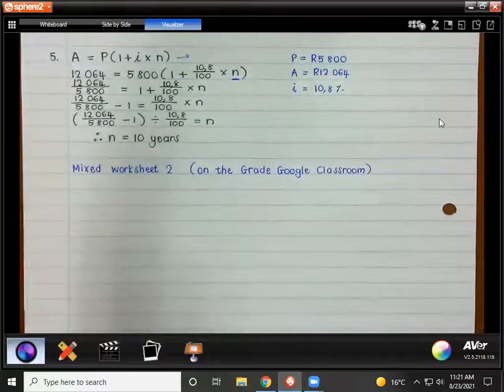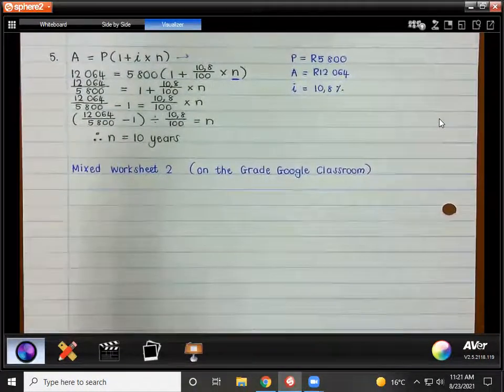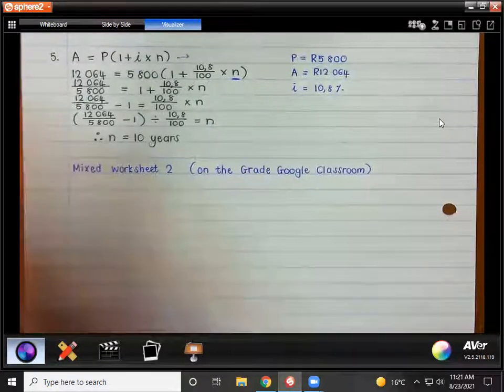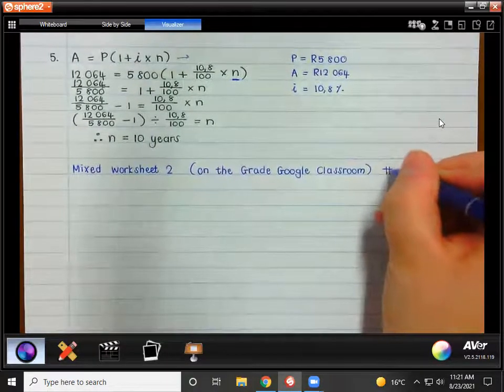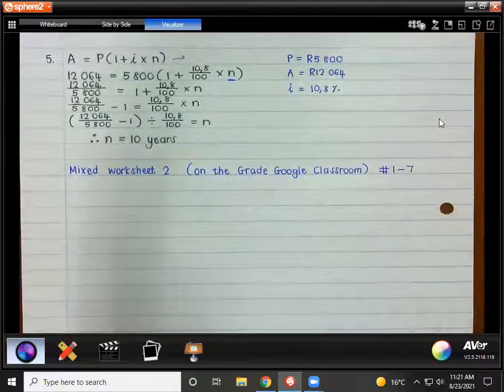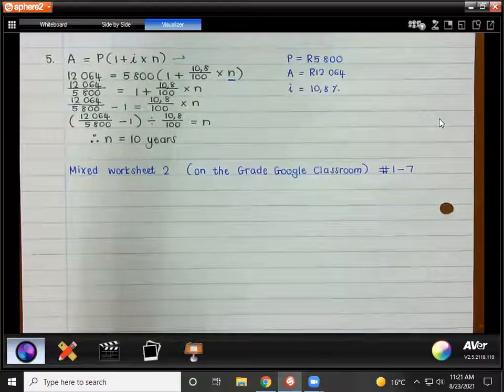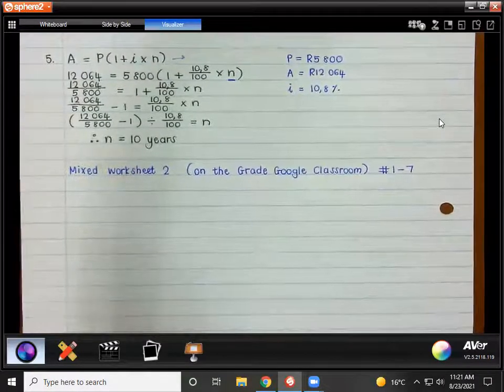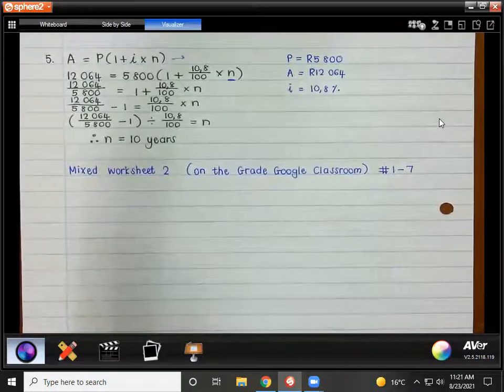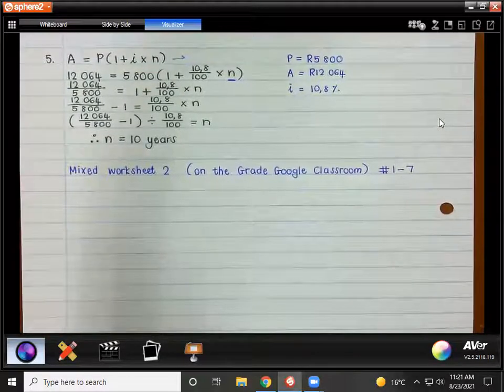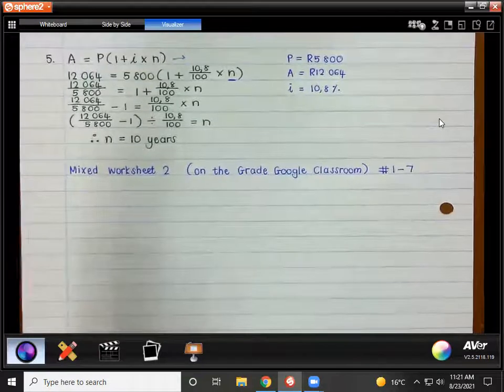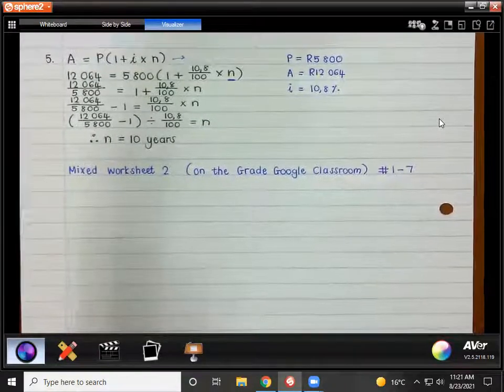We're going to do the whole worksheet. I think it's numbers 1 to 7. Now in the document, the page is just printed twice. So at the end of page 1, when you go to the next page, it's the same page again. So don't think that you're doing 2 separate worksheets. Just go to the end of the first page. I think it's numbers 1 to 7.